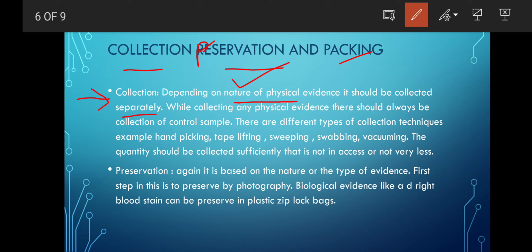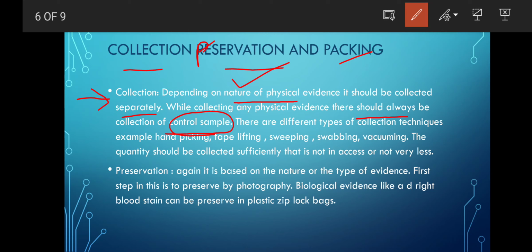While collecting any physical evidence, there should always be collection of a control sample. What do we mean by a control sample? If we take the example of a burnt document, in certain cases we might find half of the document is burnt and the other part is unburnt. We need to take both parts of the sample.